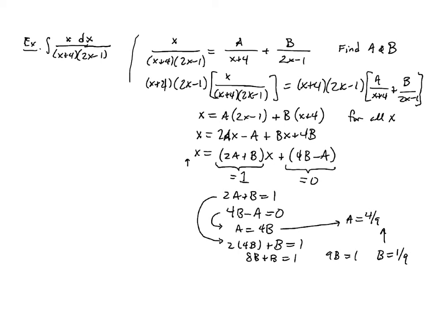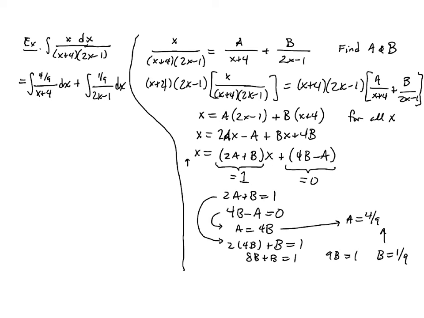So that says that the integrand that I have on the left-hand side of the page here can be rewritten as the integral of 4/9 over x plus 4 dx plus the integral of 1/9 over 2x minus 1 dx.